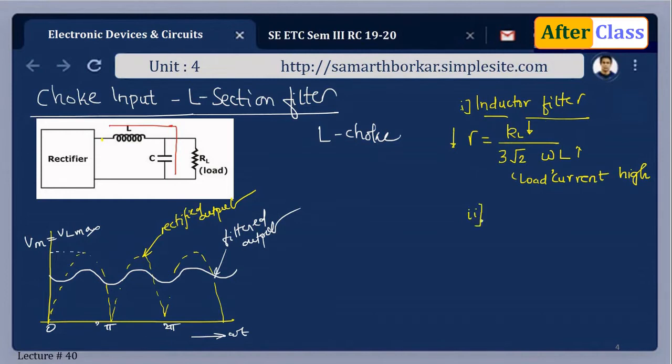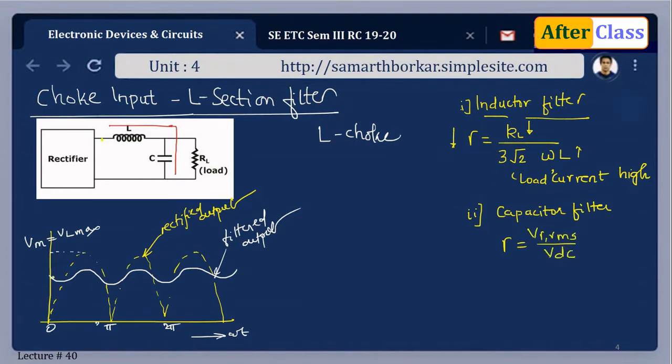Then we had also discussed the capacitor filter. In case of the capacitor filter, a capacitor is connected across the load resistance RL, and the ripple factor in case of the capacitor filter that we have derived is basically VR RMS divided by VDC.